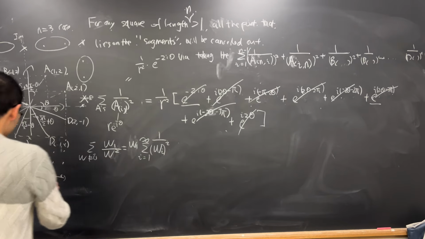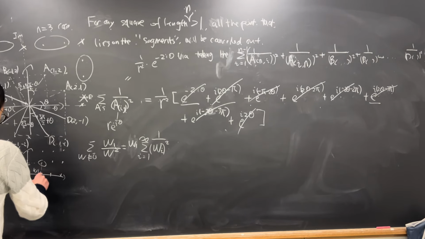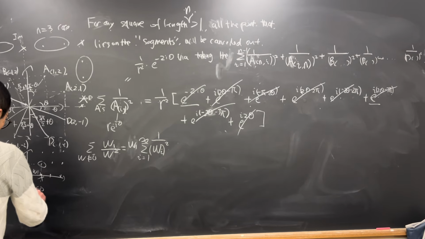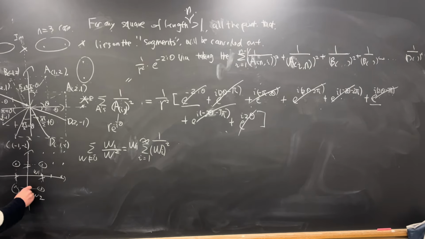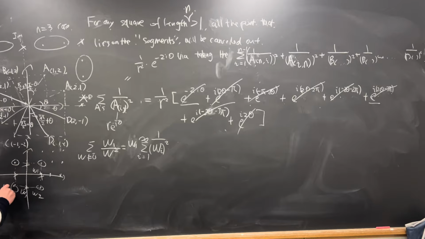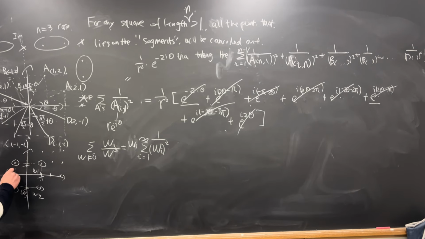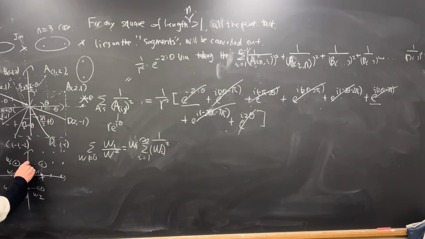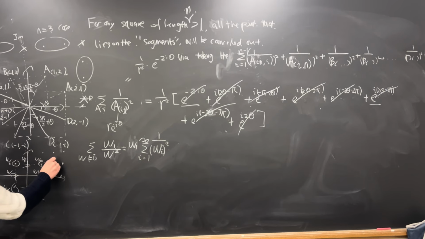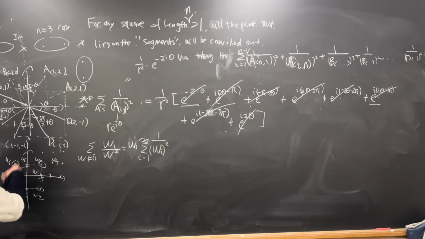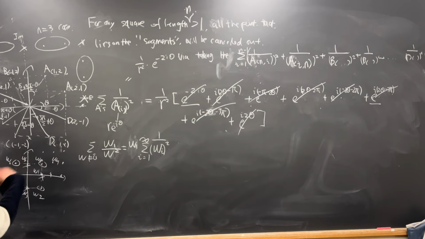So I'm indexing it like, let's say that this is omega 1, and then this point is omega 2, and then omega 3, omega 4, omega 5, omega 6, omega 7, omega 8, omega 9, and then we go clockwise.